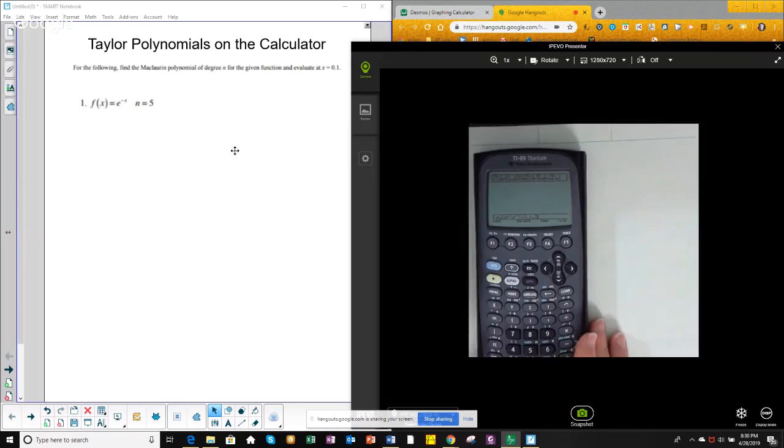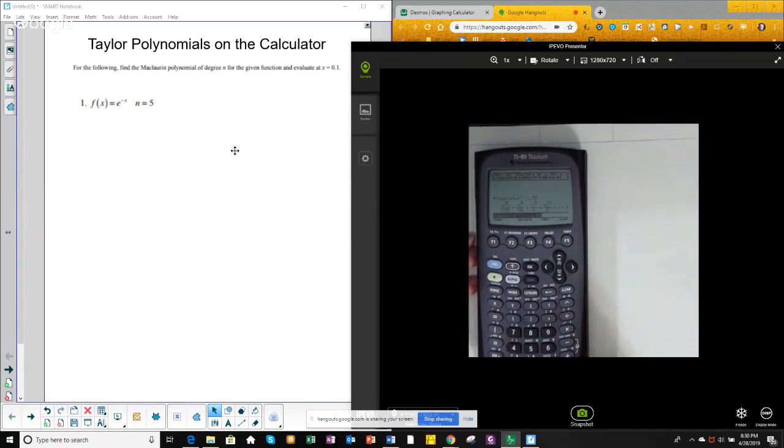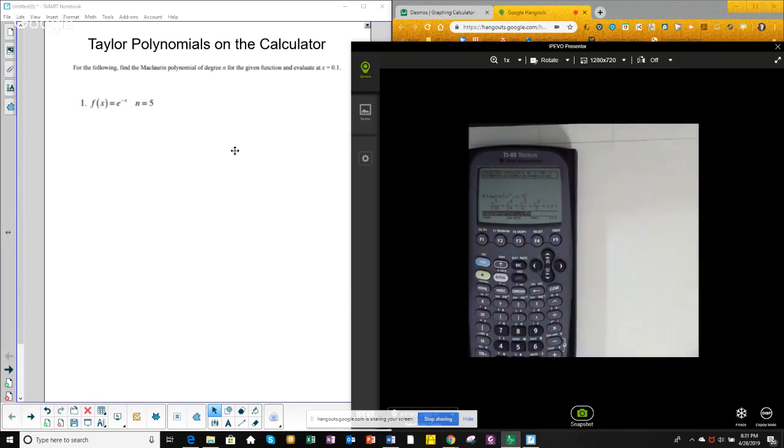And by default, the Taylor polynomial command gives you a Maclaurin polynomial, or a Taylor polynomial that's centered at x equals 0. And so it's as easy as that. You can close your parentheses and press enter, and there is your Taylor polynomial of degree 5 for e to the x. So I'm going to write that down.